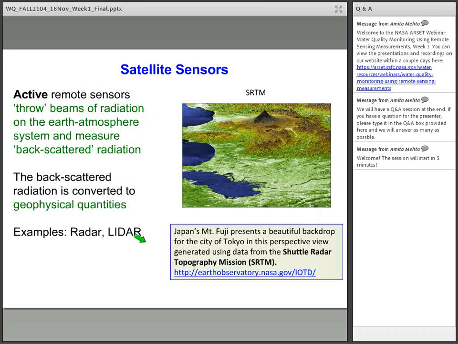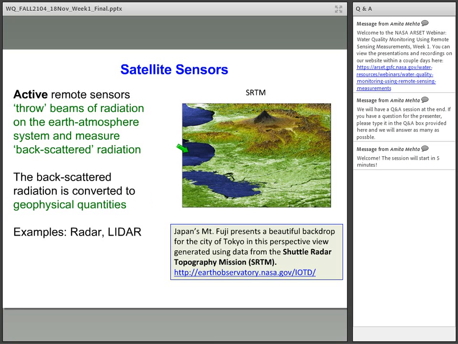The other type of sensor is called an active remote sensor, which is like a radar or LiDAR. And what these sensors do is they carry a source of radiation. They throw beams of radiation on a scene or Earth atmosphere scene and measure backscattered radiation. This radiation is then used to retrieve geophysical quantities.